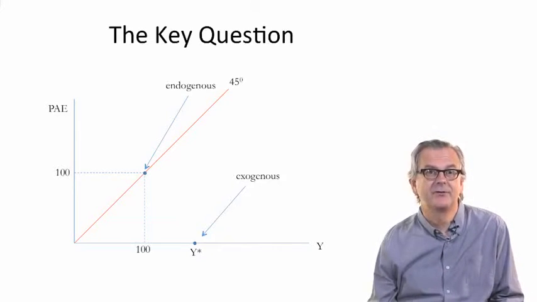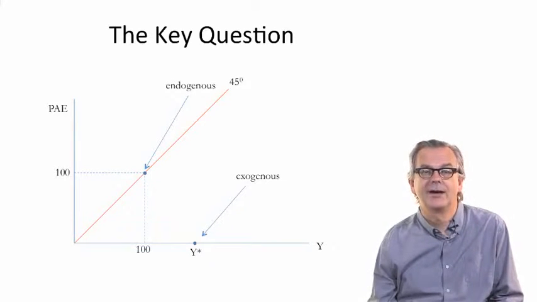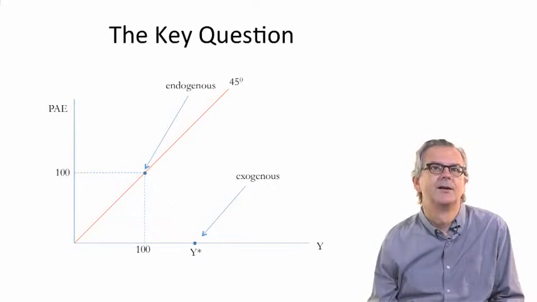Any point on the 45-degree line is a point at which planned aggregate expenditure on the vertical axis corresponds to output, or GDP, on the horizontal axis.